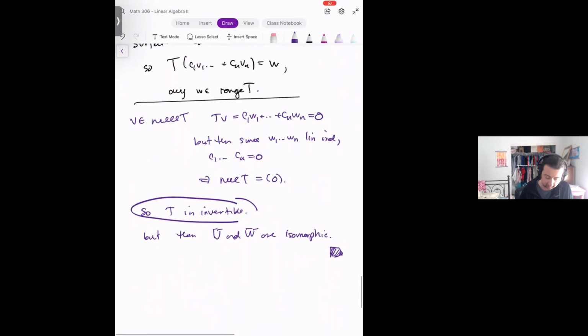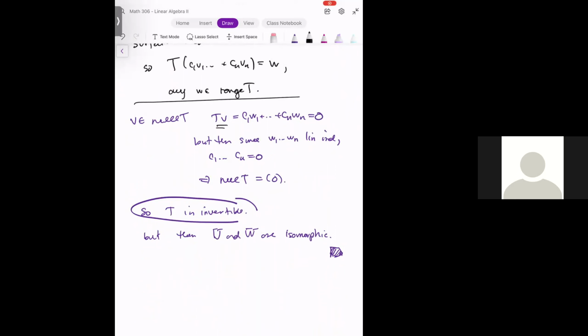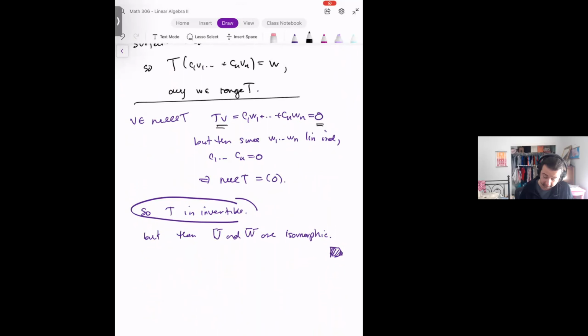What would it mean to be in the null space of T? It would mean that TV is equal to 0, right? That's the definition of being in the null space. If V is in the null space of T, then TV is equal to 0. But TV is also in the range of T, which would mean that whatever that vector happened to be, it could be expressed as a linear combination of the W vectors.